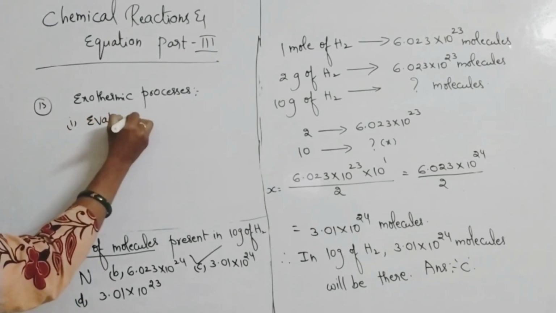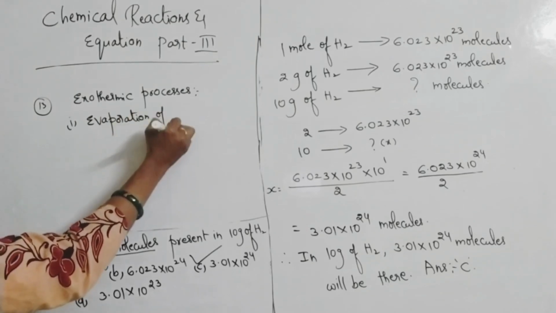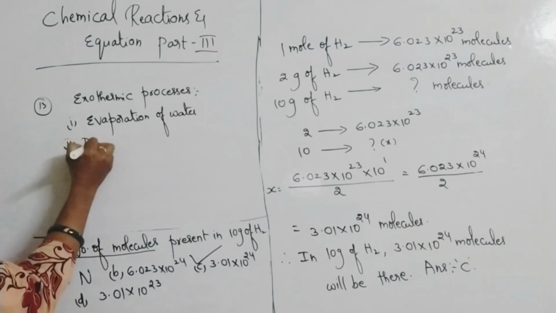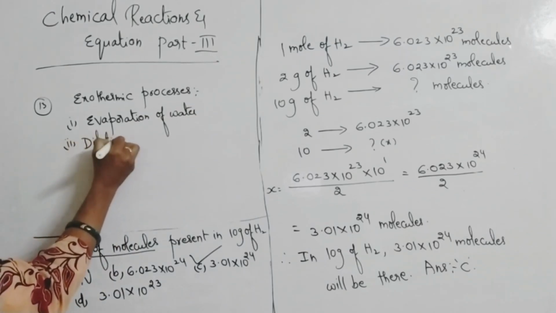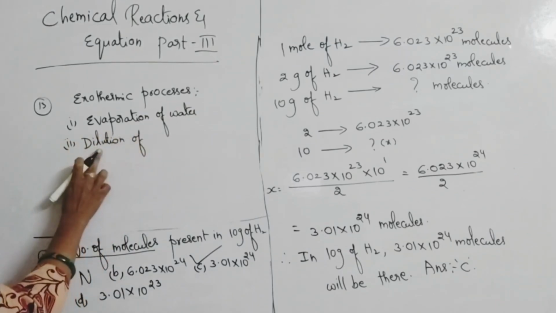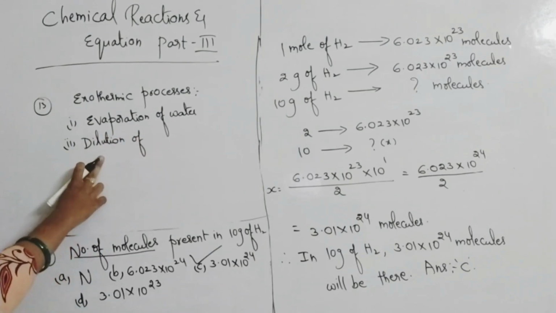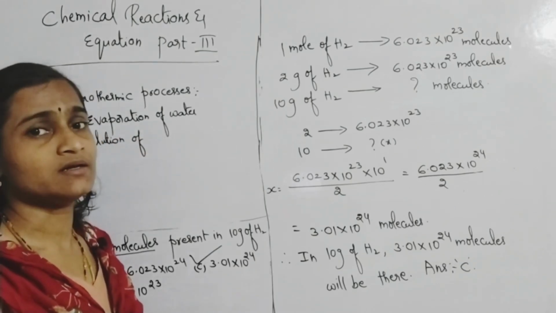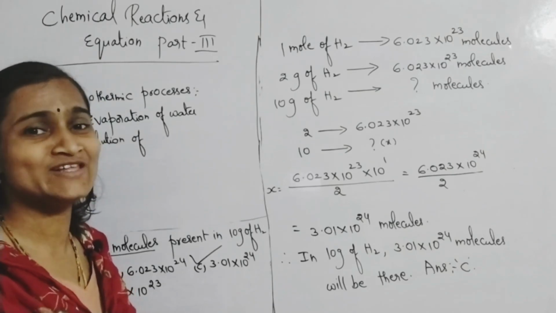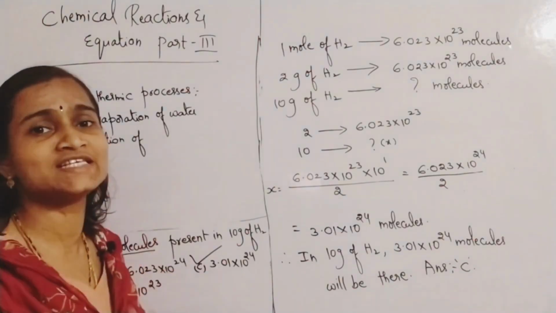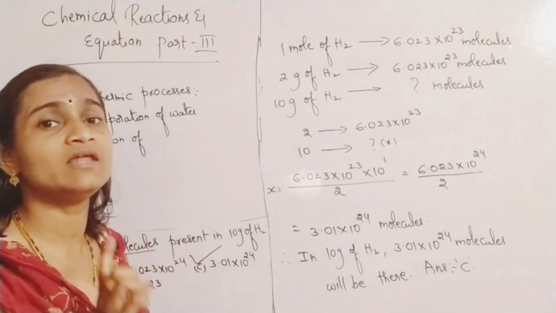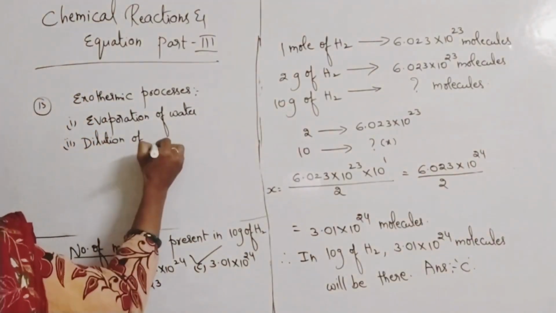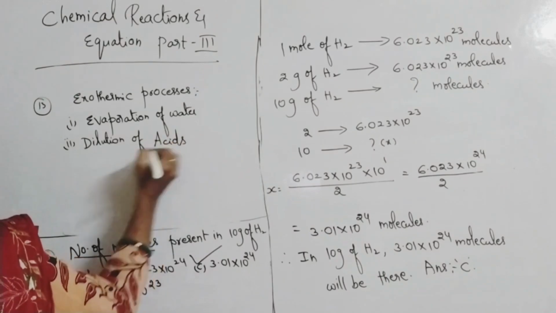The second option is dilution of acids, meaning adding water to acids. While diluting, you should add acid to water, please remember. You are not supposed to add water to acid. You will learn the same thing in acids, bases and salts also. Dilution of acids is an exothermic reaction.